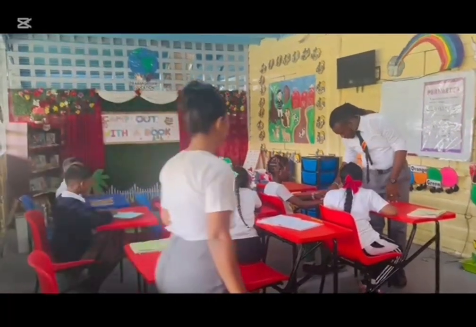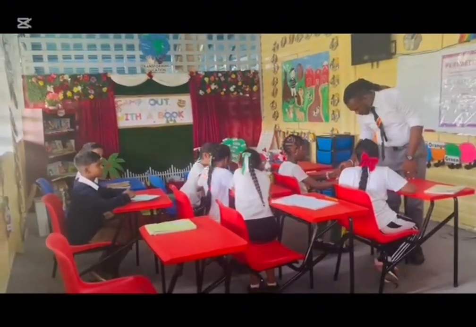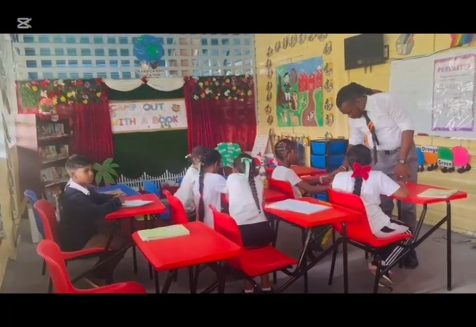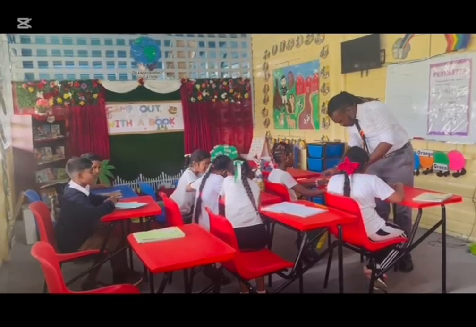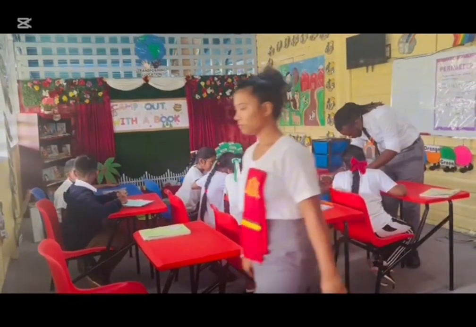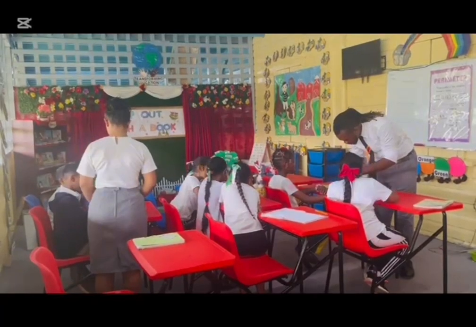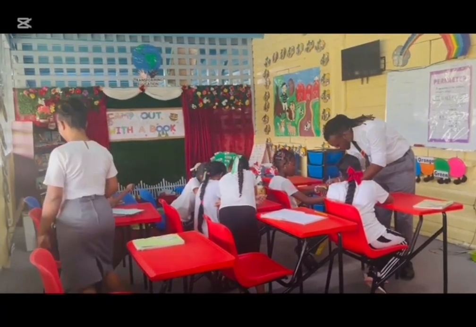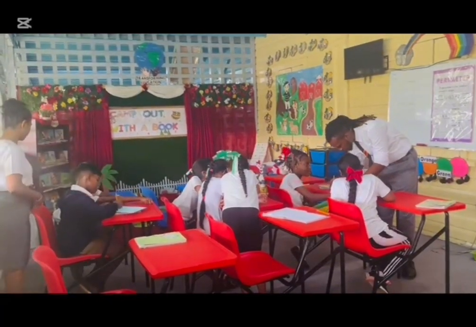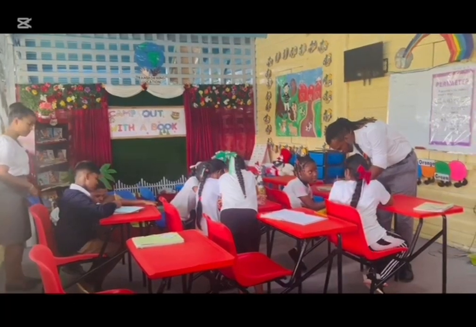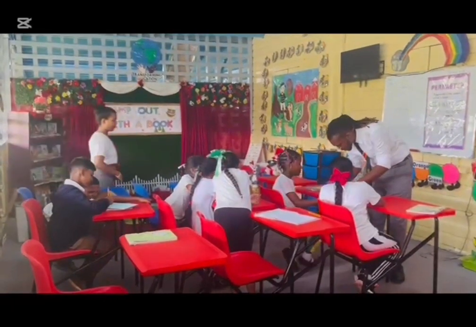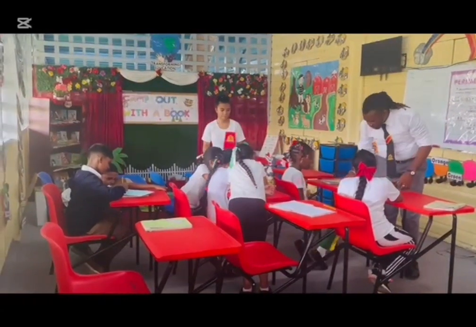So that's my perimeter. So one side is what? 6.